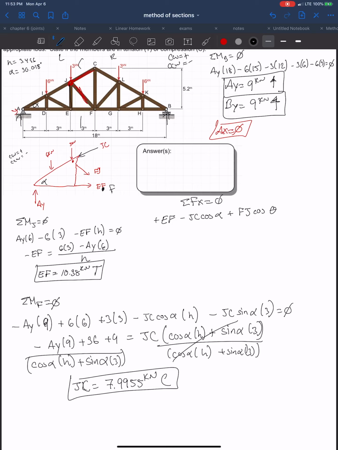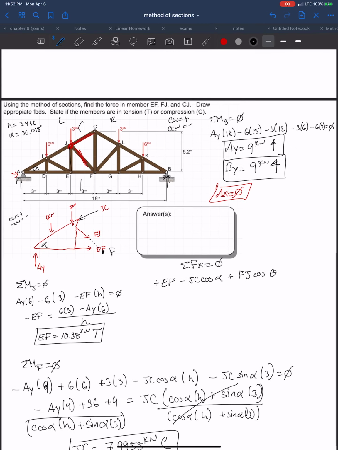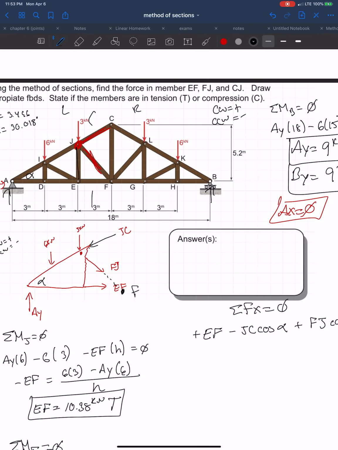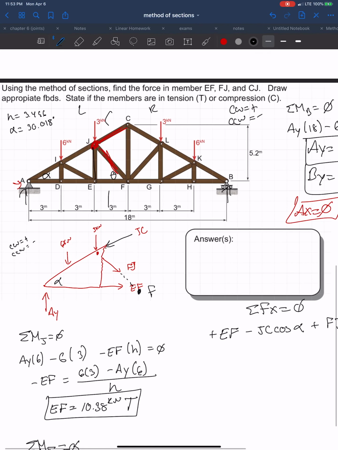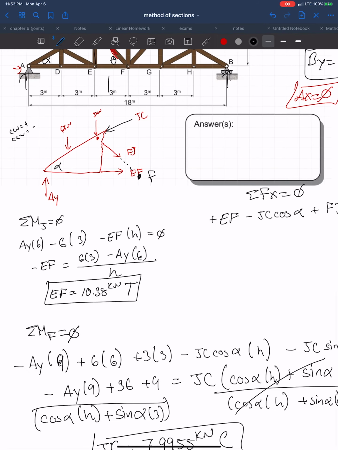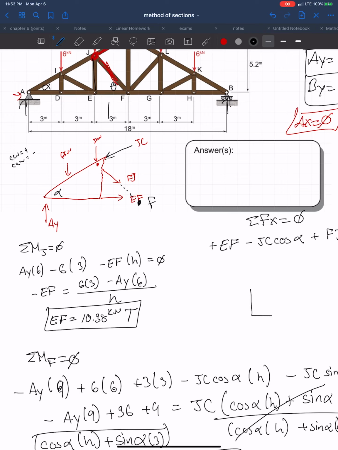Now, delta is going to be a little tricky to find as well. So let's go ahead and look at the big picture. So that's delta right there. The way we could solve this is using a little bit of trig as well. So I'm going to go ahead and just draw a little picture right here. We already know the height, it's h, and we know this is 3.